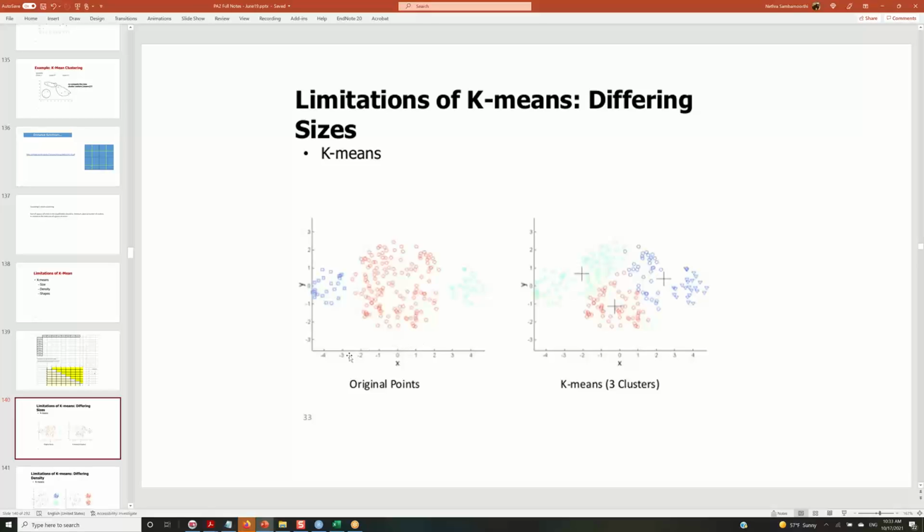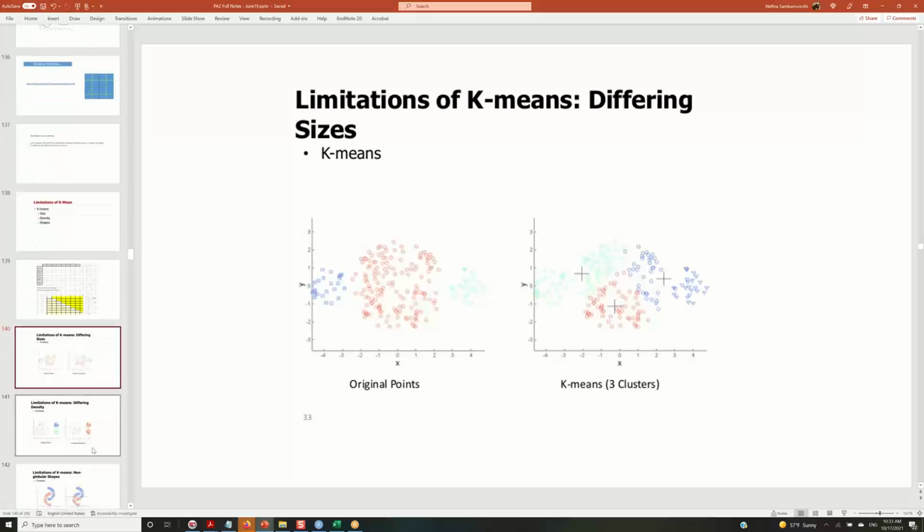To avoid this, the general strategy for all the things I'm going to talk about below is to use lots of different smaller clusters and then combine them.